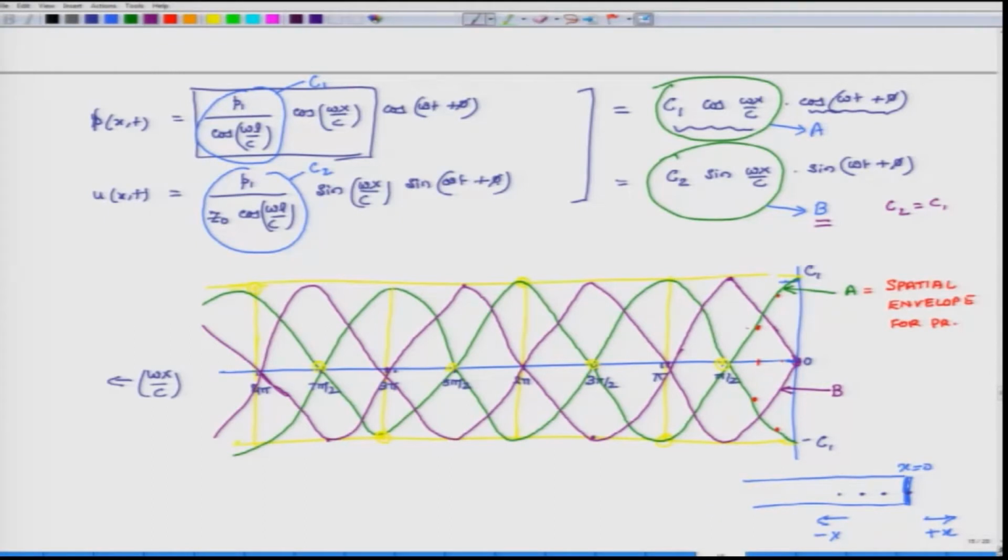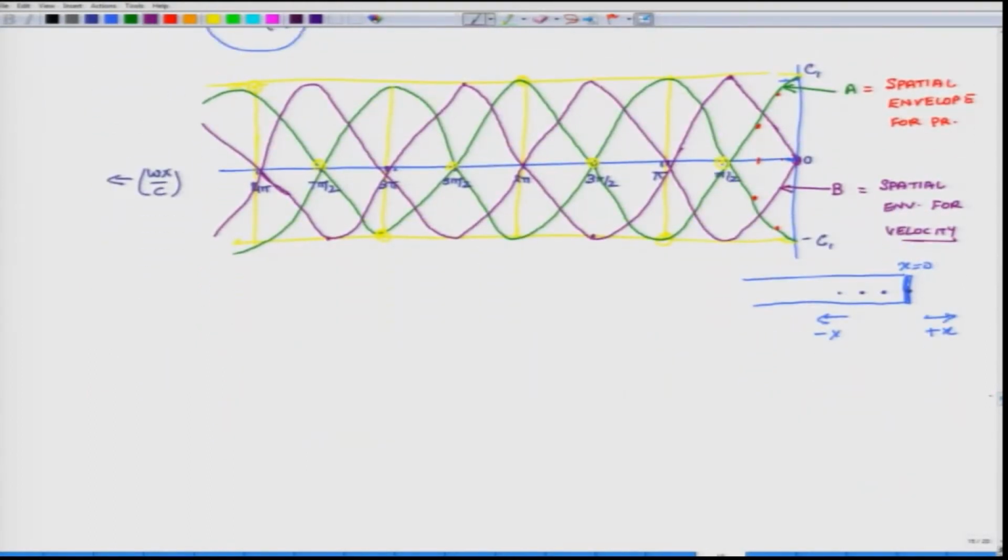So, the plot for B is called the spatial envelope for velocity. We make a couple of observations.